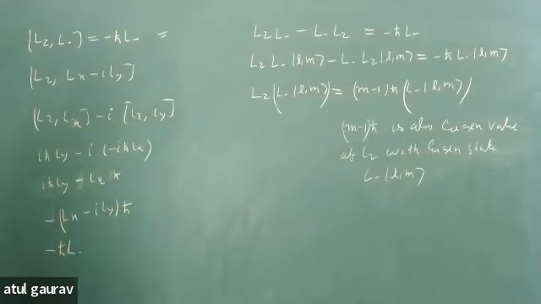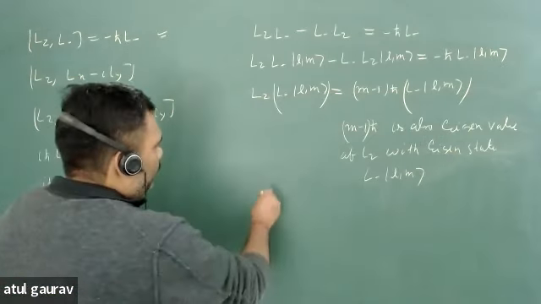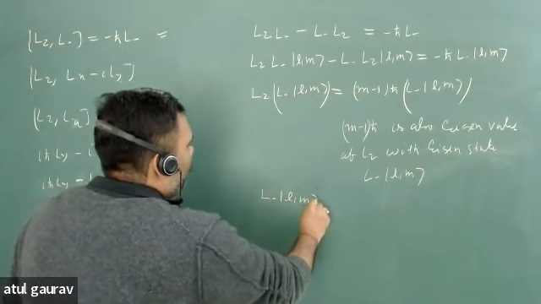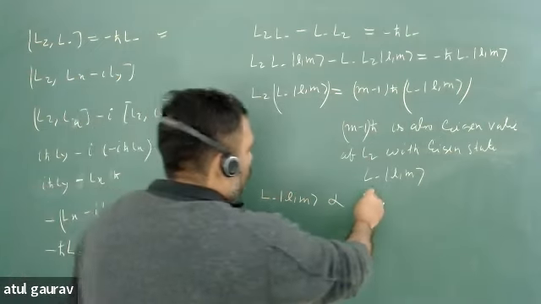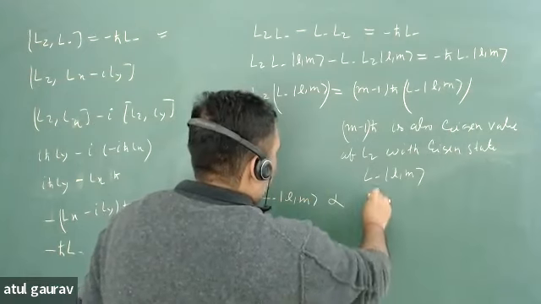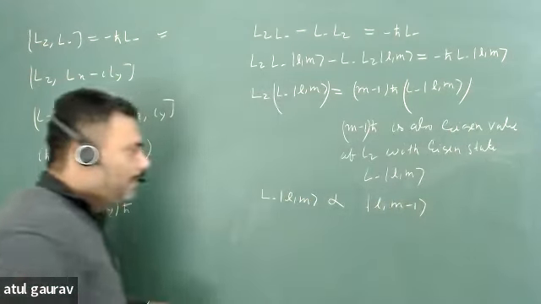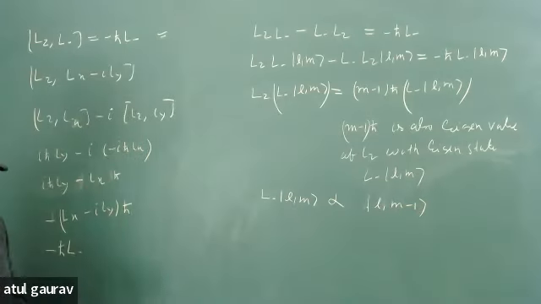Now, this is the situation. So can I write again that L minus LM is proportional to L M minus 1? Can we write that? Why?